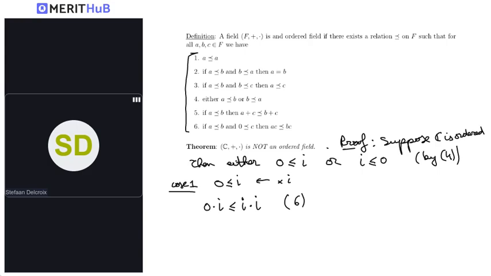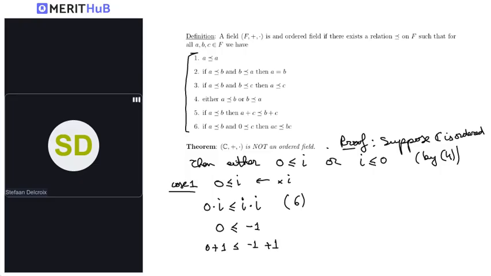Okay? And then we just simplify. 0 times i is 0, and i times i is -1. Okay? Now I want to move my -1 to the other side, so I add 1 to both sides.